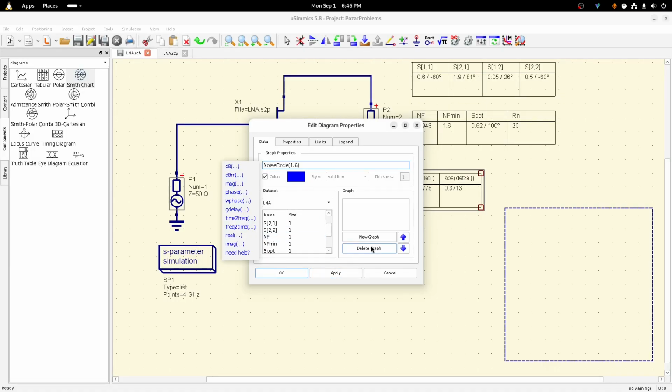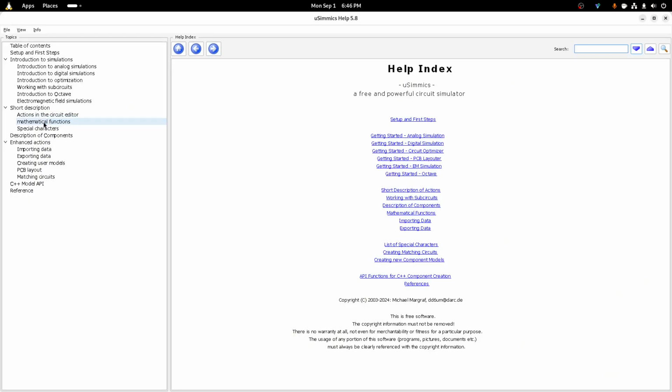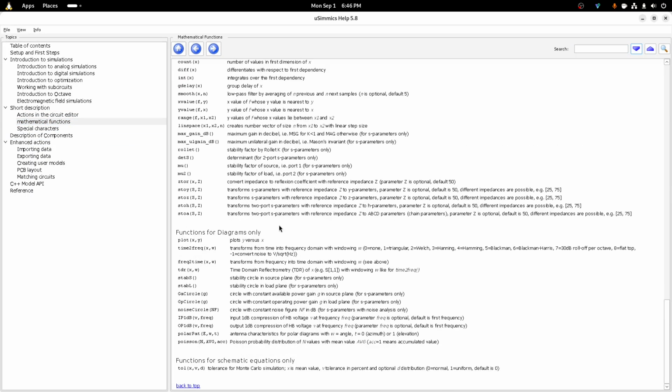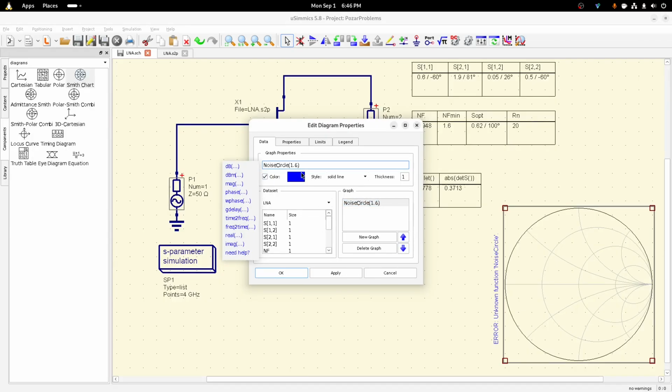Let's try that. Uh-oh. Let's do the help index real quick. This tells you all the math functions. It's really nice. Here we go. Okay, no capital N, the constant noise figure dB in dB. Okay. So no, capital N.